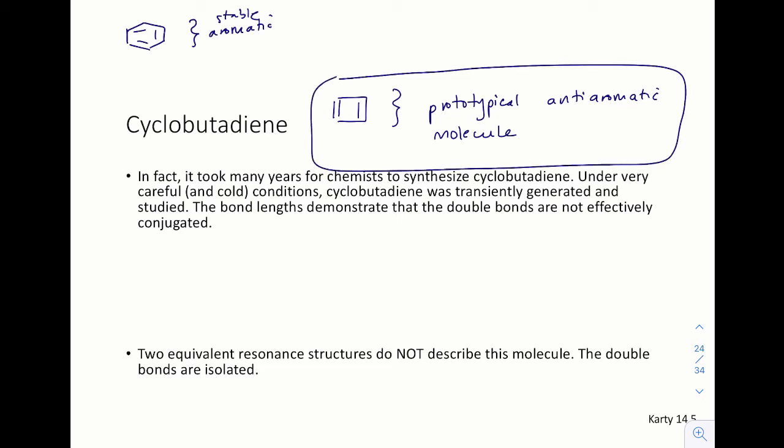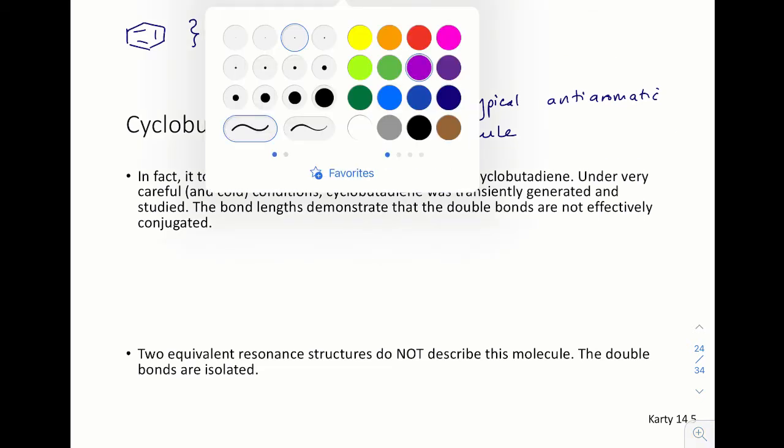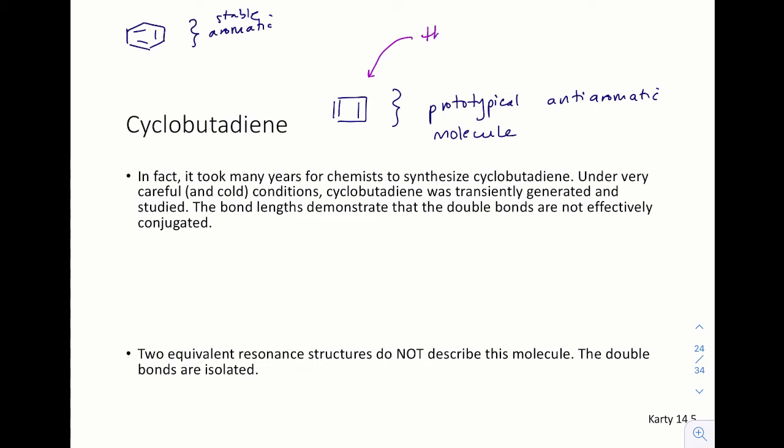However, cyclobutadiene did not exist in nature. Chemists theorized that if this molecule existed, it would be quite unstable because it would be anti-aromatic.